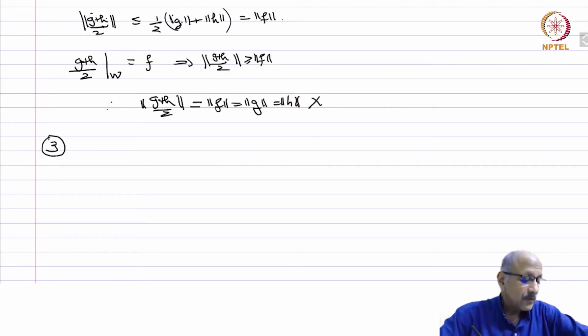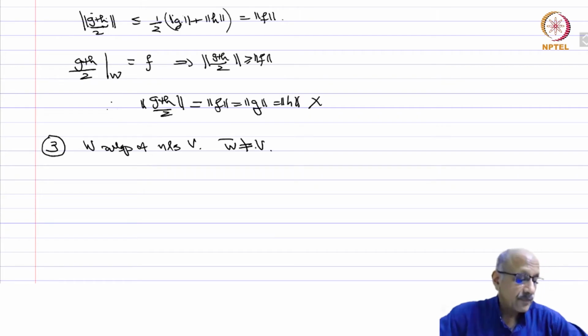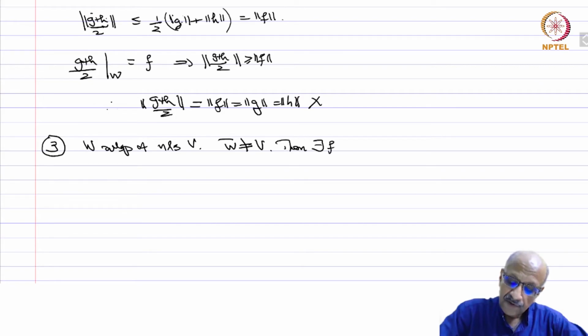Third exercise is another proof of a corollary which we already did. Let W be a subspace of a normed linear space V, and W closure is not equal to V. Then there exists f in V star such that f is not equal to 0 and f restricted to W is identically 0.